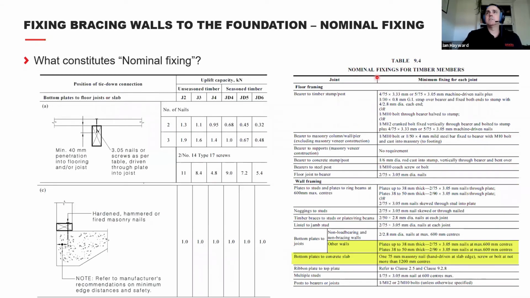You can see here there's a table for nominal fixed members for bracing walls, timber plates to the joists underneath. It's 2 75mm nails at 600mm centres, which is indicated by this type of fixing here. And then for the bottom plates to the concrete slab, you've got 1 75mm masonry nail or gun-driven nail at the slab edge. Okay, and so that's what this fixing is here.